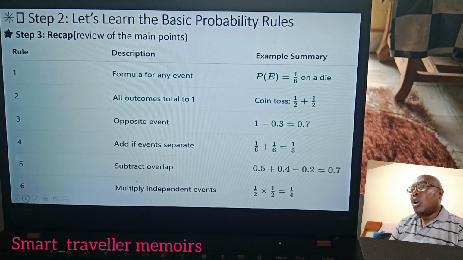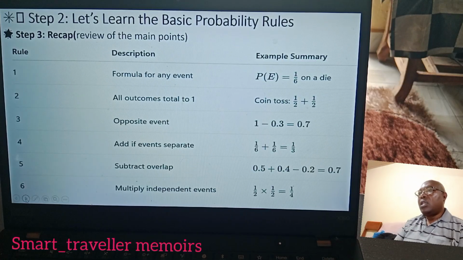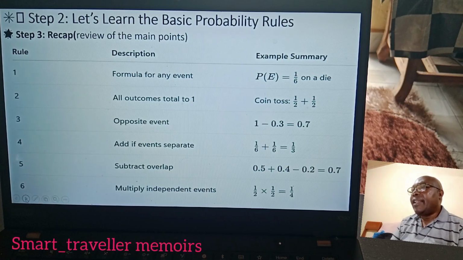Rule number 2, all outcomes total to 1. So if you toss a coin, you have 1/2 plus 1/2, because you either get a head or a tail, and when you add the outcomes, the head gets 1/2, the tail gets a half, the total is 1.